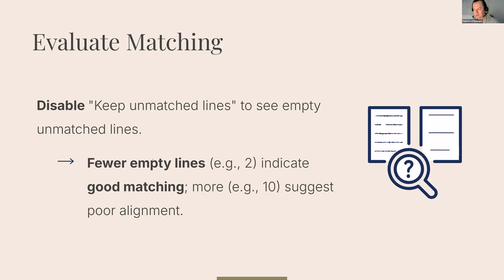The first thing to evaluate if the matching was good is to pick samples out and check them visually. But you can see that if you have keep unmatched lines disabled and a lot of empty lines in there, it means the matching didn't work that well.